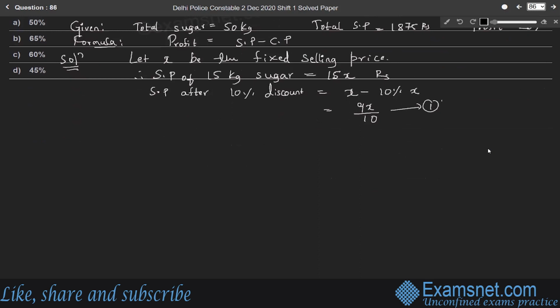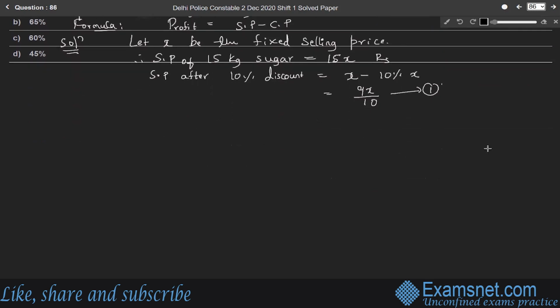So discounted price of 10 kg sugar is equal to 10 into selling price, that is 9x by 10, which is 9x, right?